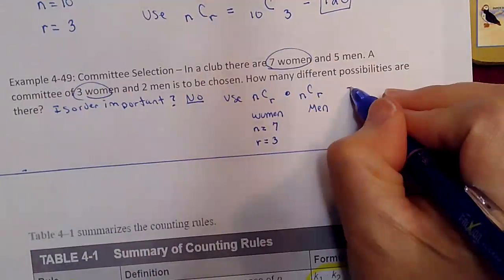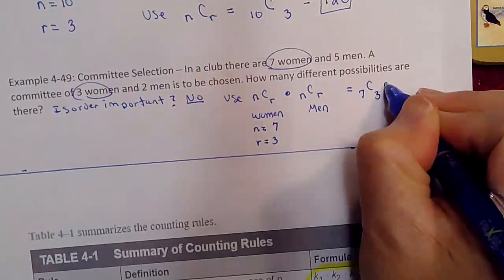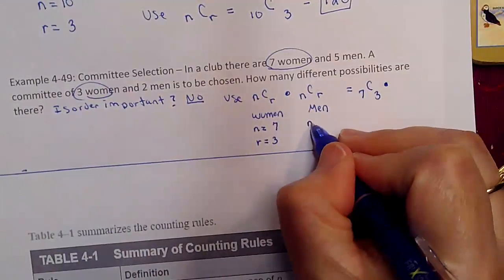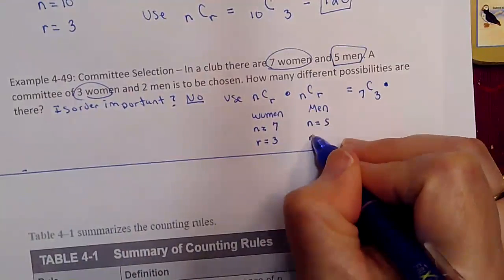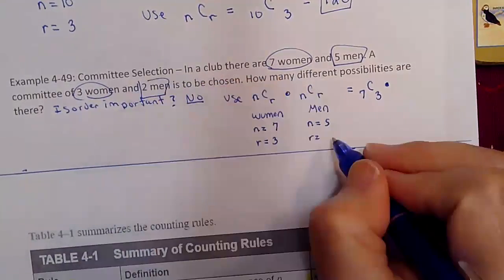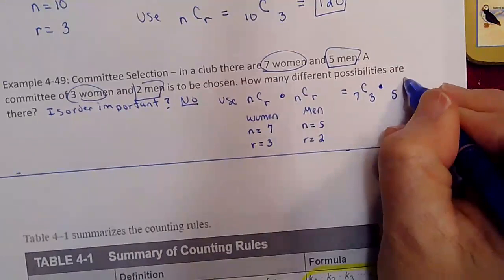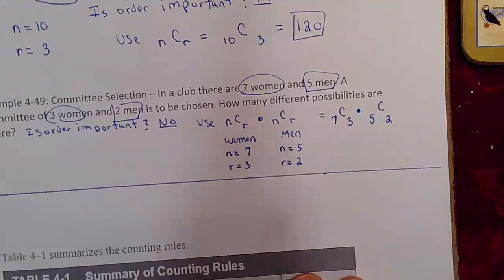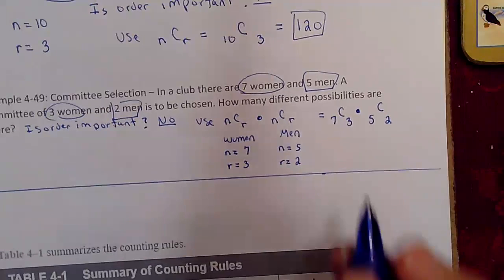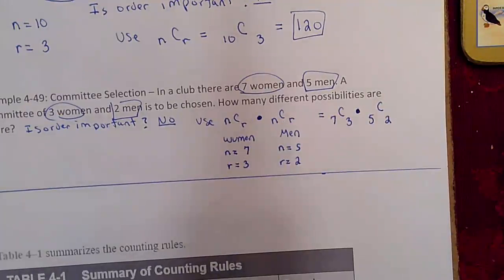So that's 7 combination 3. And then for the men, there's 5 men, and you're going to choose 2 of them. And then here the idea would be to multiply.